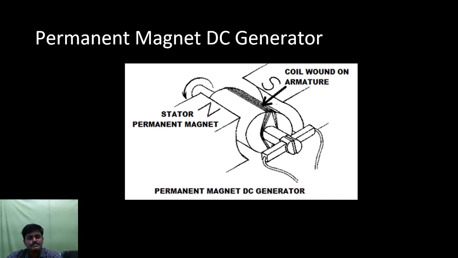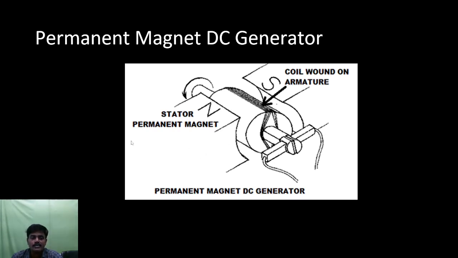This is the first method of excitation, the permanent magnet DC generator. From the conceptual point of view, this is the north pole and this is the south pole, and in between the rotor is rotating. You may study the conceptual features in the construction of the DC generator. Normally we have a field coil as well as the armature coil.